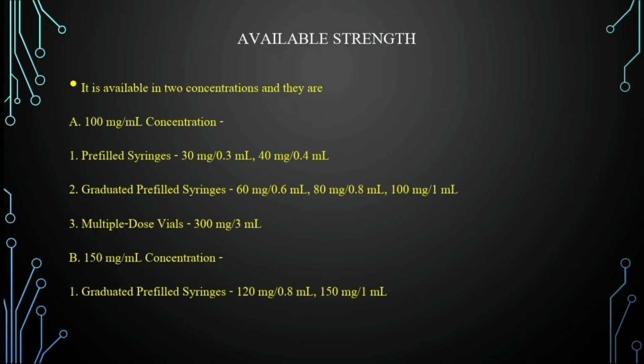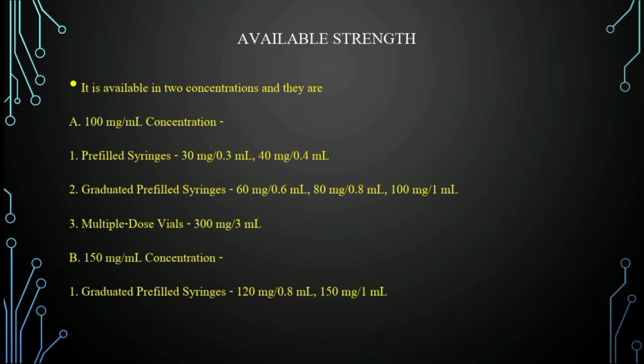In both, the drug will be already pre-filled, but graduated means it is in a set mode, means if it is set to 20, then it will be up to 20. If it is 60 or 80 or 100, like here 60 mg, 100 mg, 80 mg, it will be set up to that specific strength.